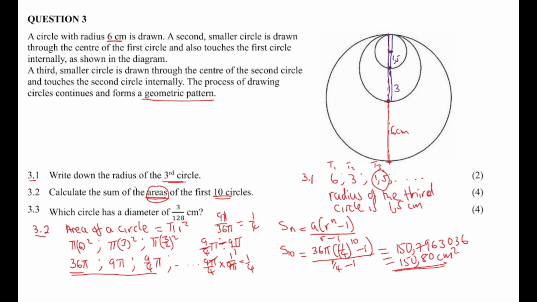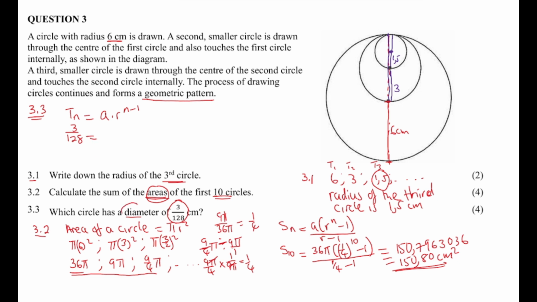All right, and then let's do question 3.3. It says, which circle has a diameter of 3 over 128 centimeters? So it's circle number what? It's term number what? So we're using Tn is equal to a times r to the power n minus 1. Our a is what?